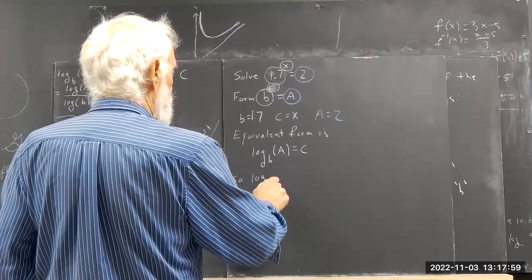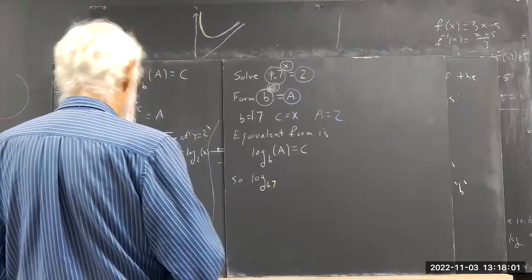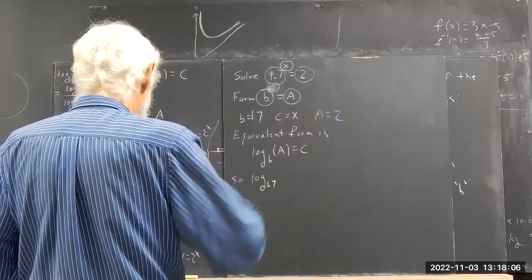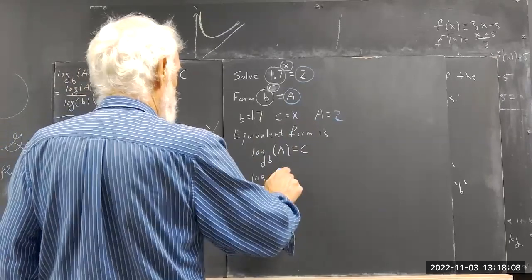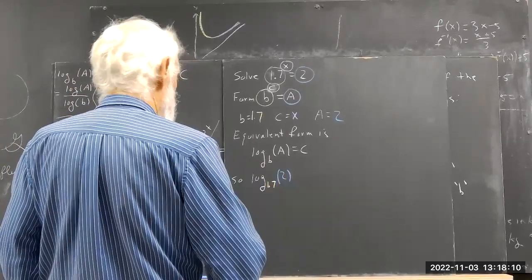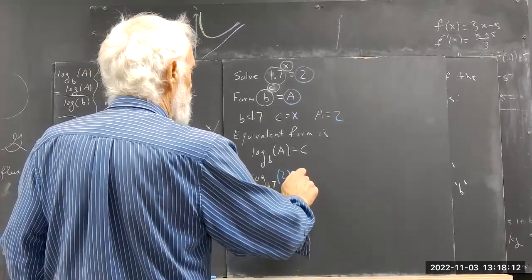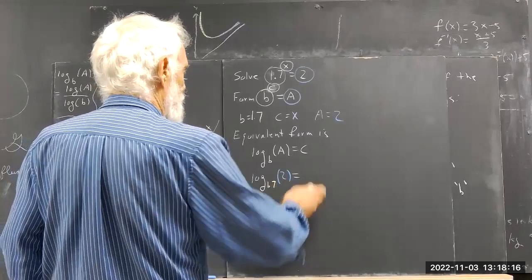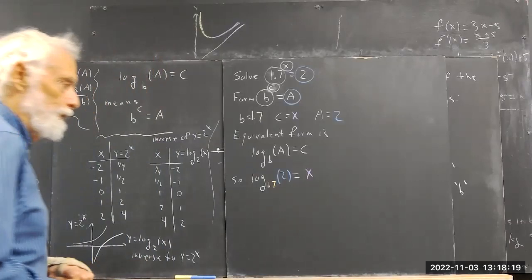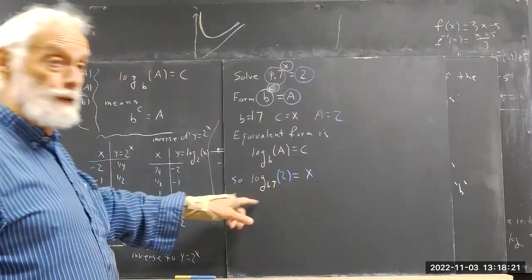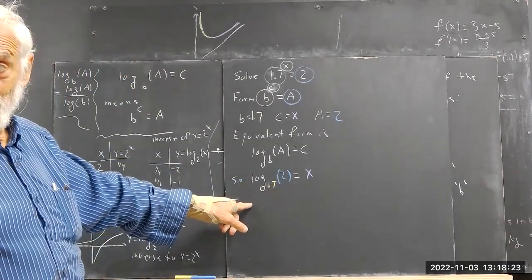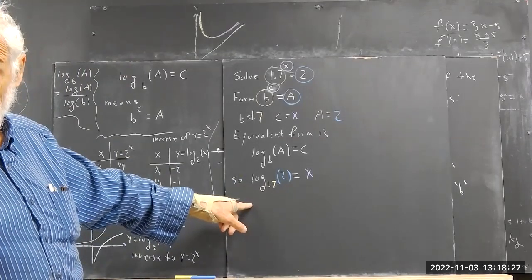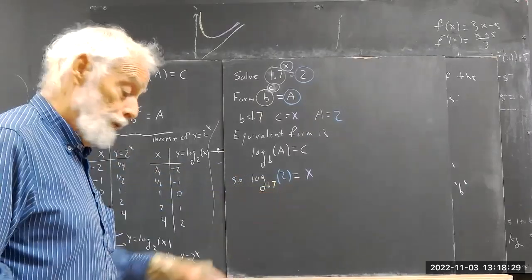I'll keep it colorful, color chalk. Log base 1.7 of A, which is 2, and that's equal to C. And happily, C is x. So now we have a solution for x. That is a solution, because that is something you can just punch right into your calculator. And this is the exact solution.